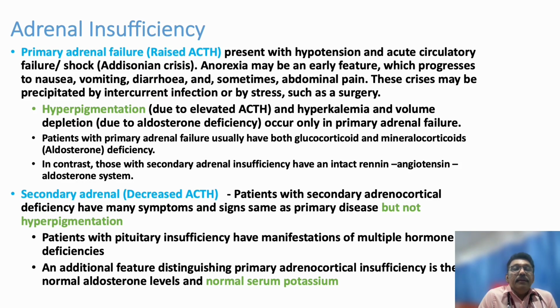Patients with pituitary insufficiency have manifestations of multiple hormone deficiencies. Another important finding is that primary adrenocortical insufficiency has a normal aldosterone level and normal potassium. So potassium is high in primary, potassium is normal in secondary.